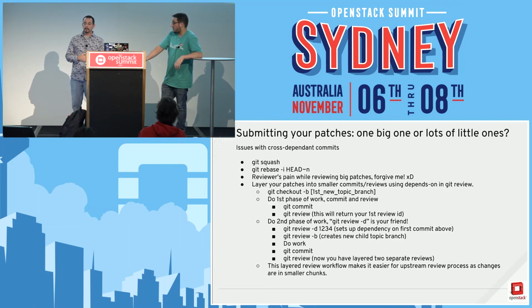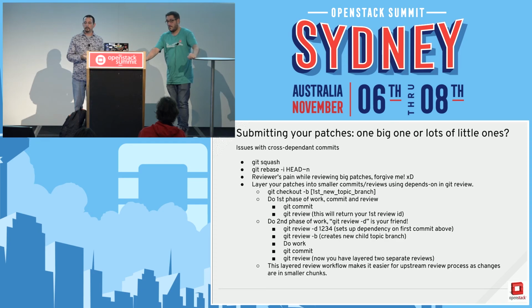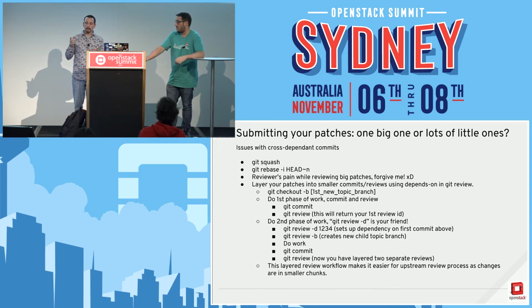One of the ways to achieve this is to set up Git review dependencies. So you set up your first topic branch, which deals with one concern. You Git review, and then you do a -D on the next one that will reference that one. So then you're setting up a dependency tree of reviews. So you have smaller reviews that people can address in smaller chunks.